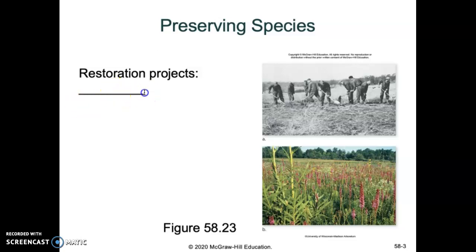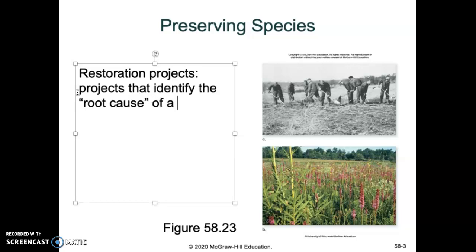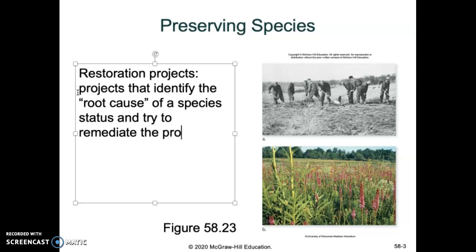But we look at restoration projects. Okay, so here's a basic concept, very generalized. I just don't have time to get into detail in this semester.